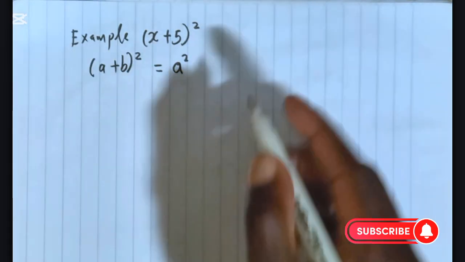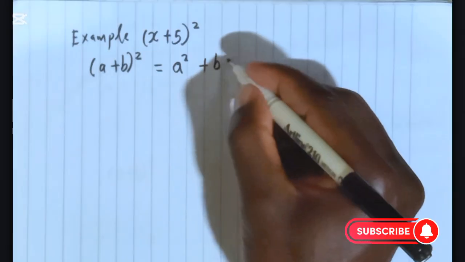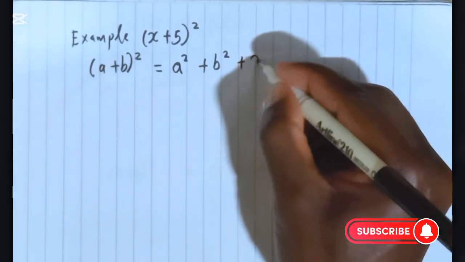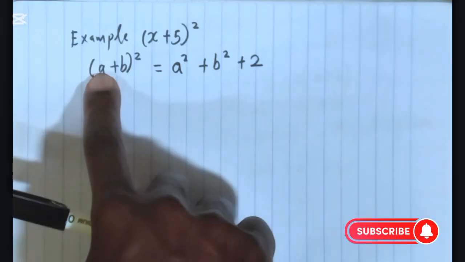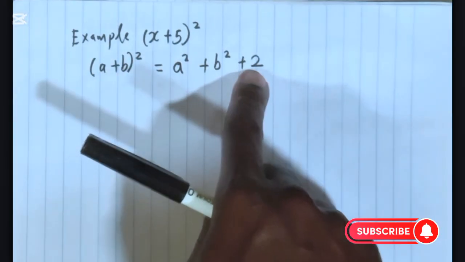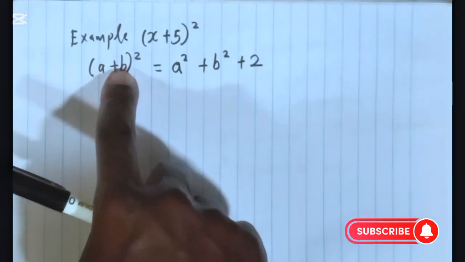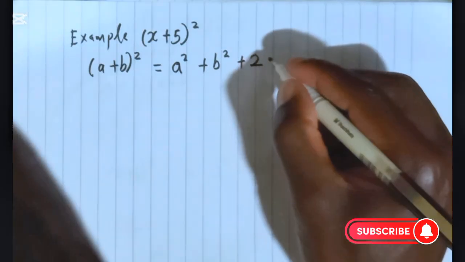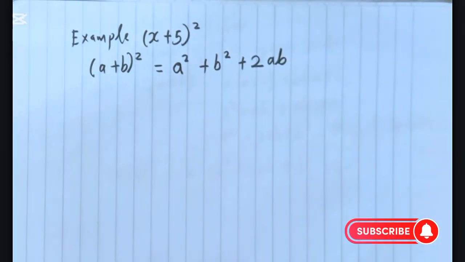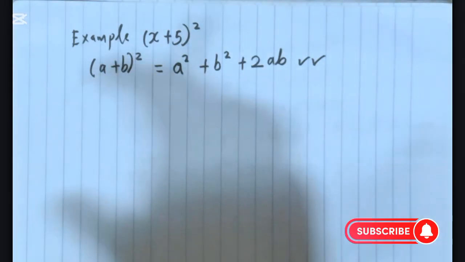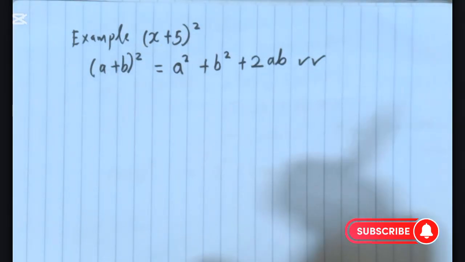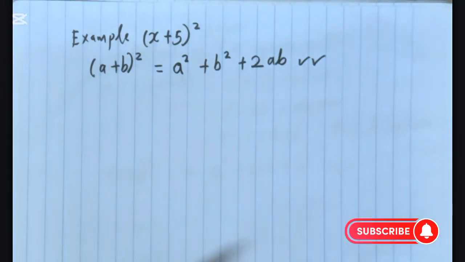And then we got plus b squared plus the product of a and b times 2. So this here is a general formula for all quadratic identities that involve summation of a linear expression.